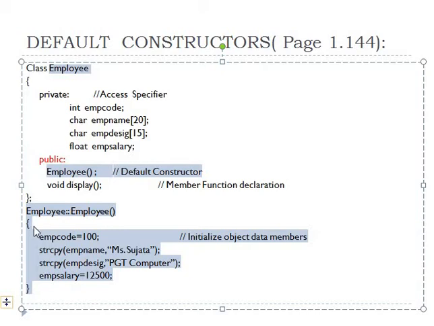After that, the body part of this constructor initializes the data members of the class, which are emp code, emp name, emp desig, and emp salary. It initializes the data member emp code with the value 100, emp name with the value Sujata, emp desig with the value PGT computer, and emp salary with the value 12,500.